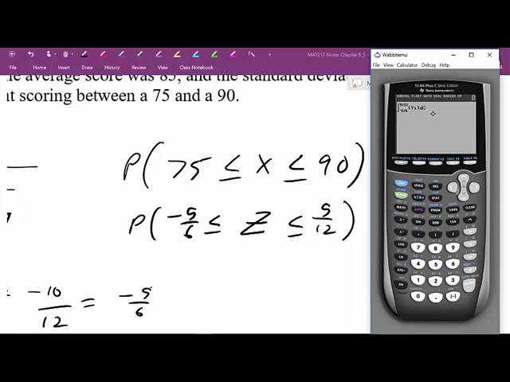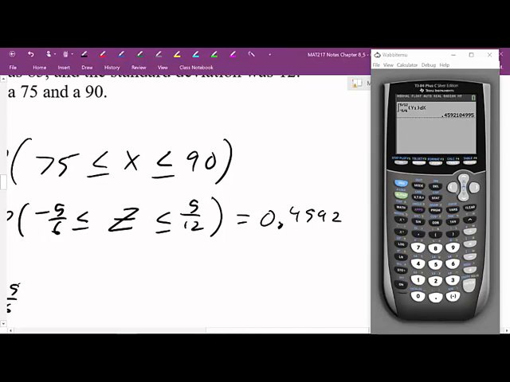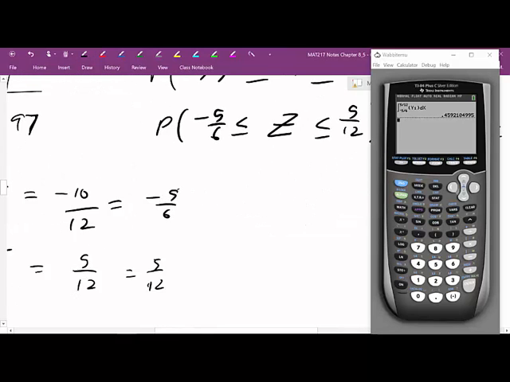And then the variable I used was the letter x. Now I hit enter. Voila! It has given us our answer of 0.4592. So the probability of getting a test score between negative 5/6 standard deviations and 5/12 standard deviations is 45.92%, or 0.4592. Okay, that's the big idea.